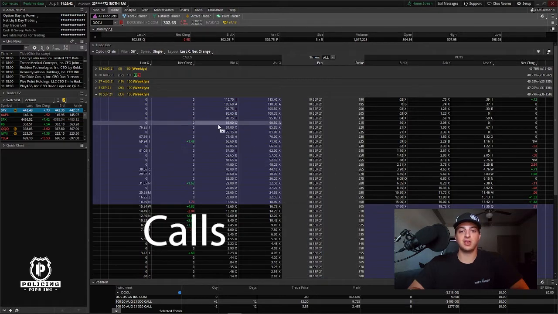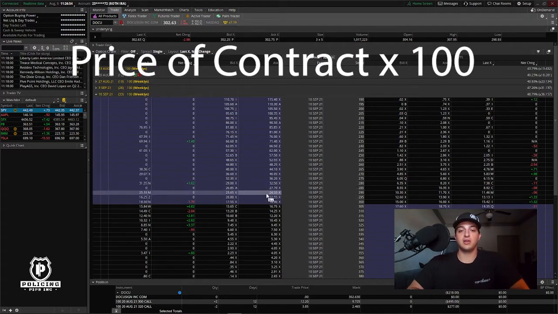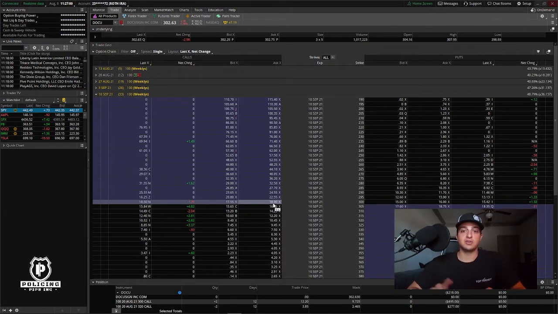On the left hand side, you have your calls, and on the right hand side, you'll have your puts. These prices are how much each of these contracts for 100 will cost, and to calculate how much it will cost, you just multiply that number by 100. Pretty simple, but also confusing if you haven't done it.